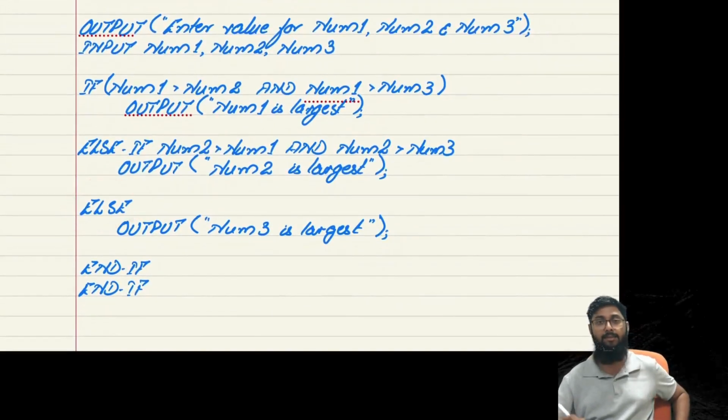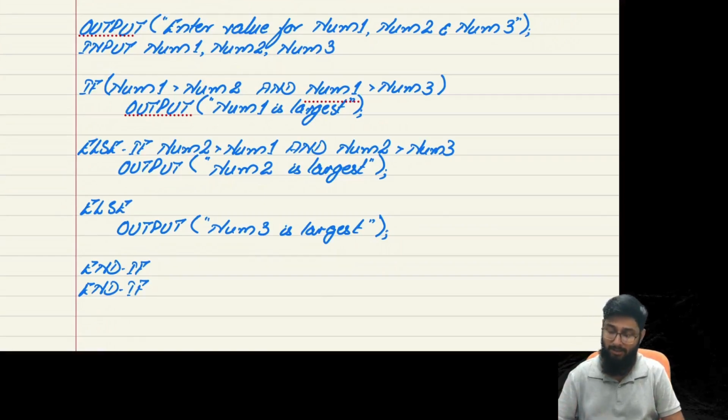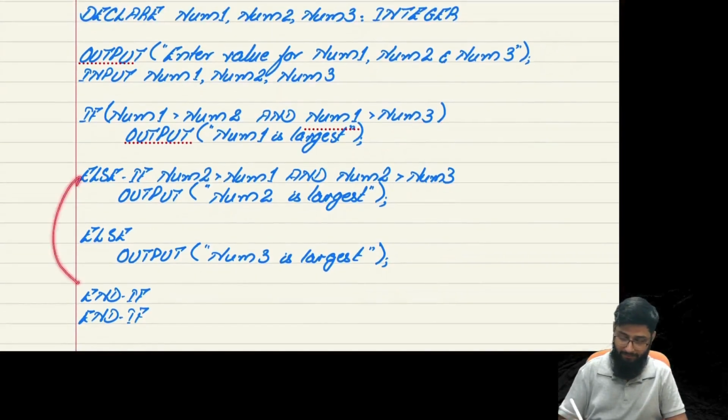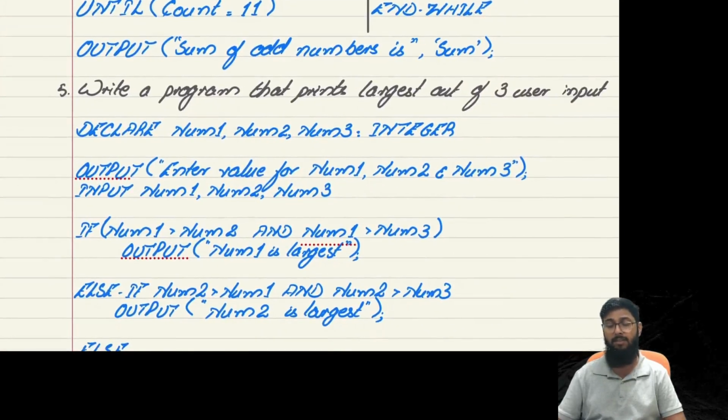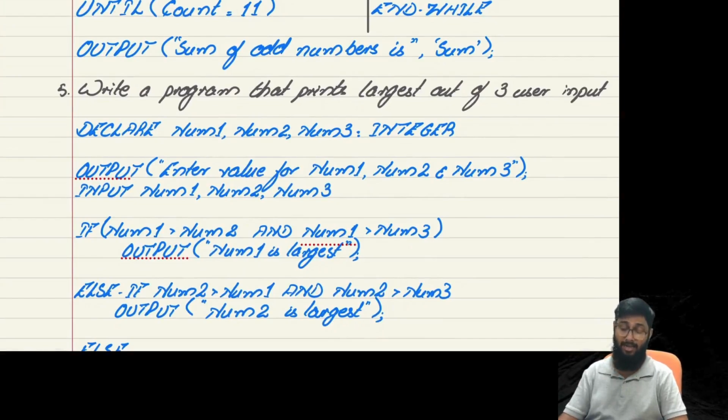Else, as I told you earlier as well, does not have a condition with it, because if this isn't the case and this isn't the case either, then obviously num3 will be the largest. And the second one is an end if for this if. So this is how we find the largest of the three user input values using the selection method.